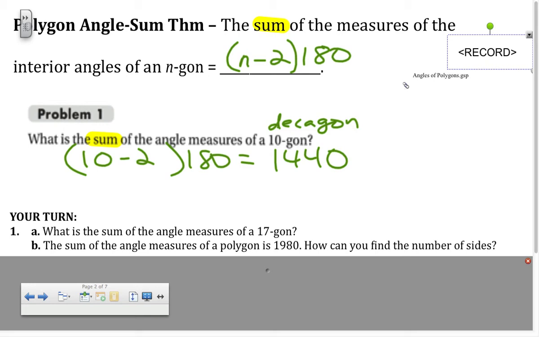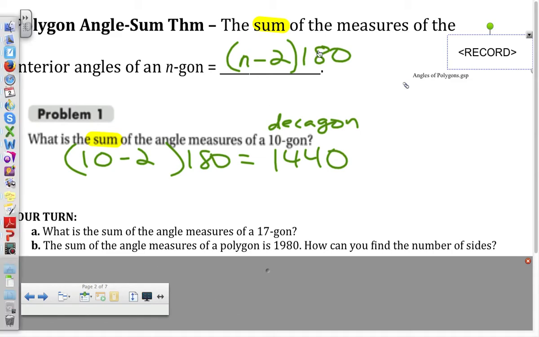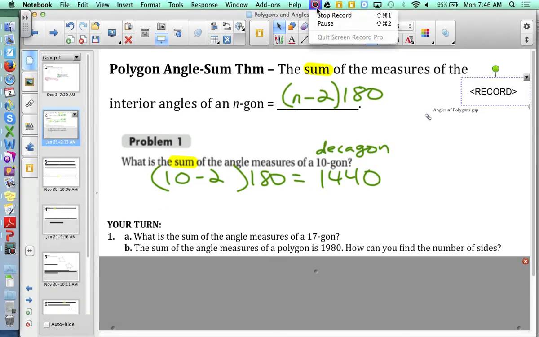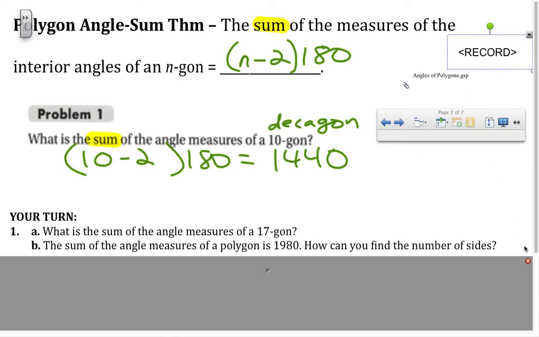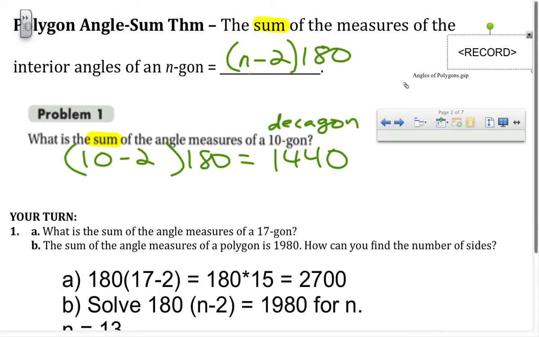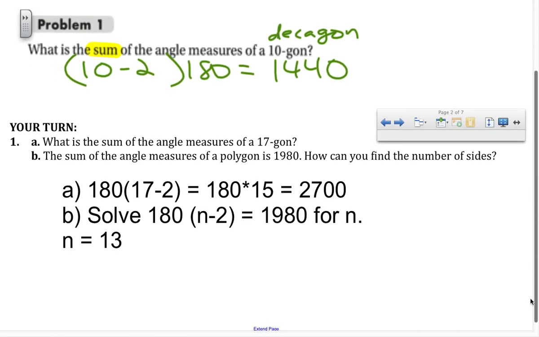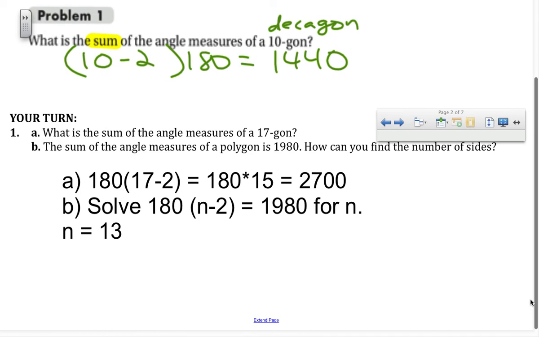Okay, so please take a moment within your group and work through your turn for problem 1. Okay, based on what I am seeing and hearing, you're ready to compare your answers to mine, and I'm hearing wonderful things.